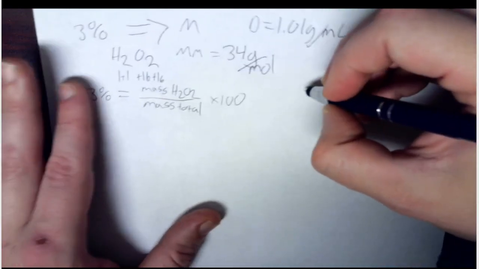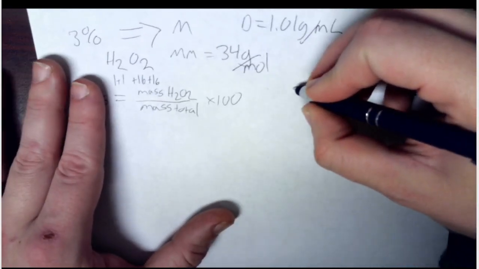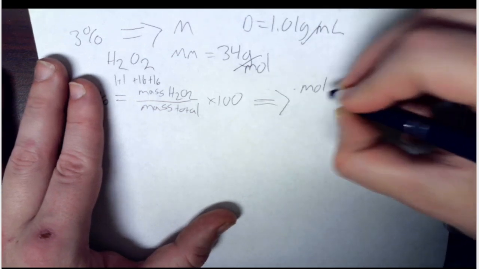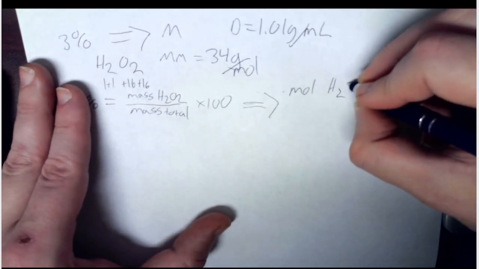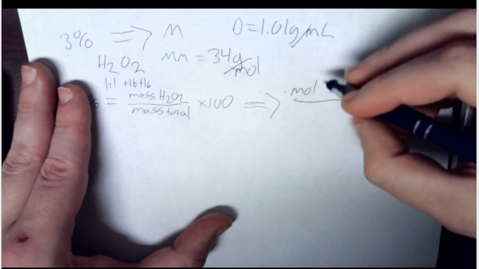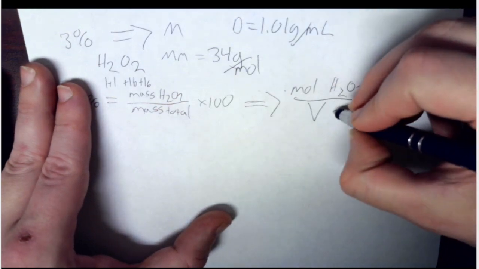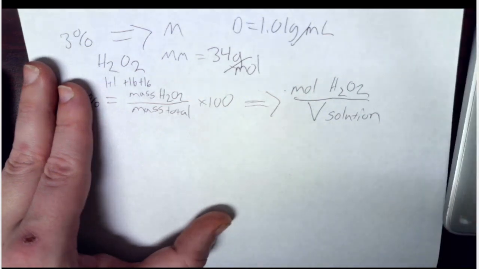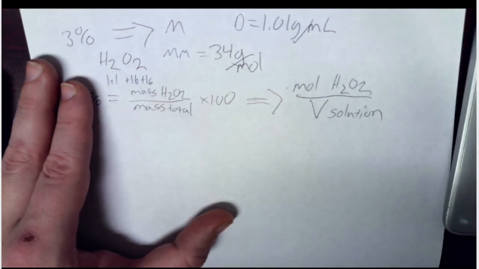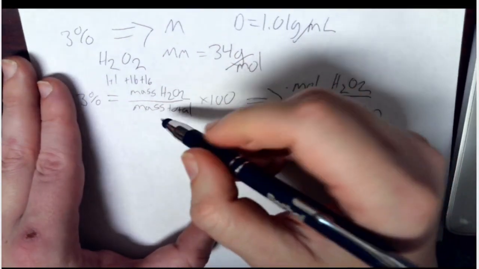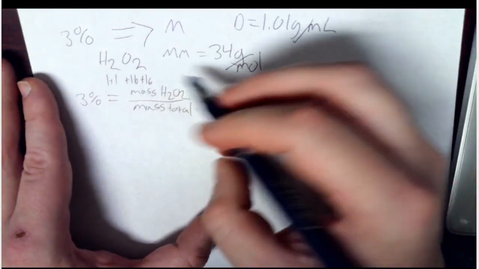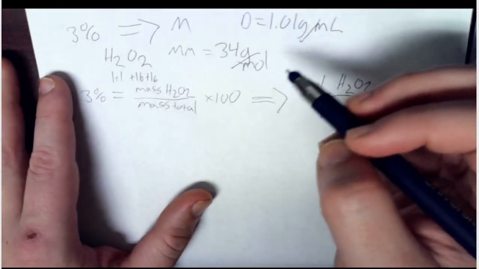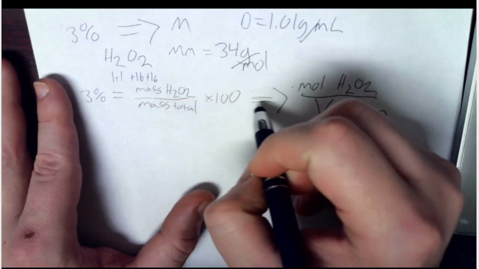Now we need to turn this into molarity, which would be moles of hydrogen peroxide over volume of solution in liters. So we can break this into two parts, but the first thing is we need to get a mass of hydrogen peroxide. But technically we're not given a total mass.